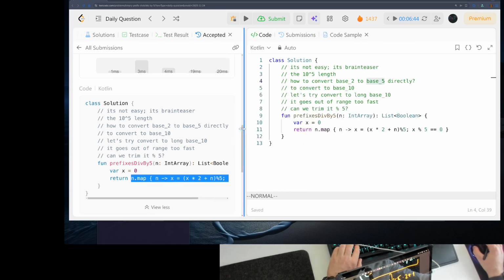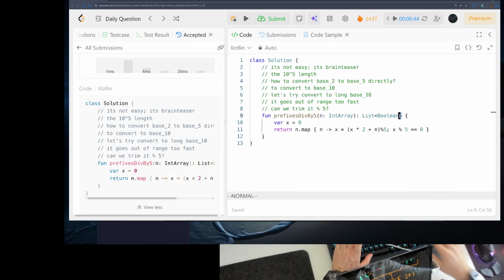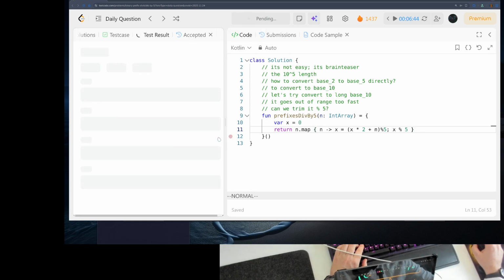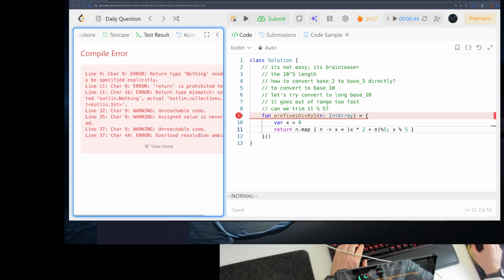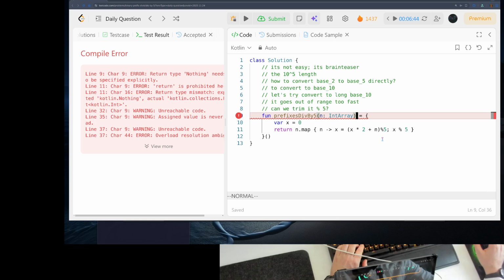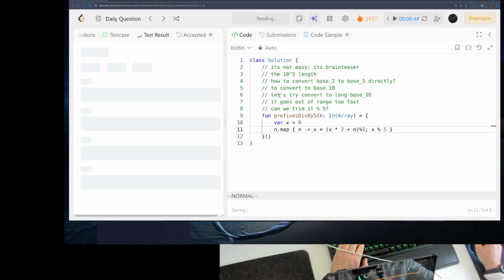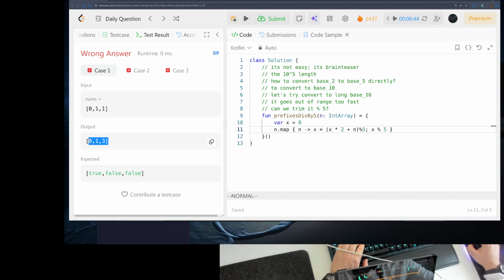Can we look at it? Let's try to make it work. Is this a base 5? Zero, 1, 3.